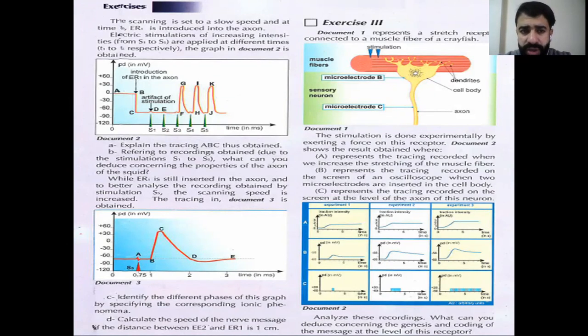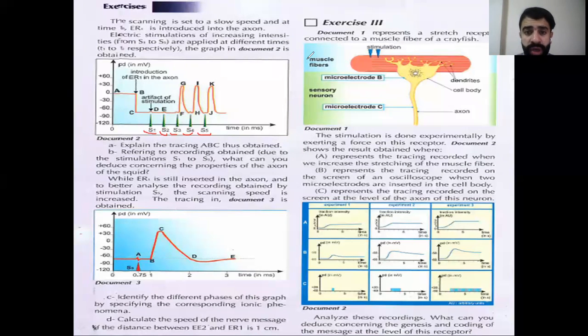We have electric stimulations of increasing intensity, S1 less than S2, less than S3, less than S4, less than S5. These are applied at different times: time 1, 2, 3, 4, 5, and so on.